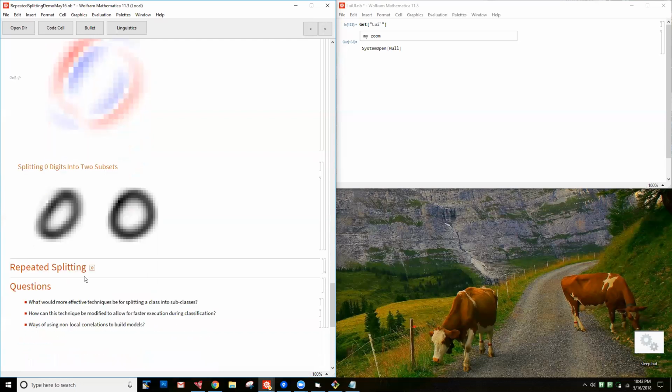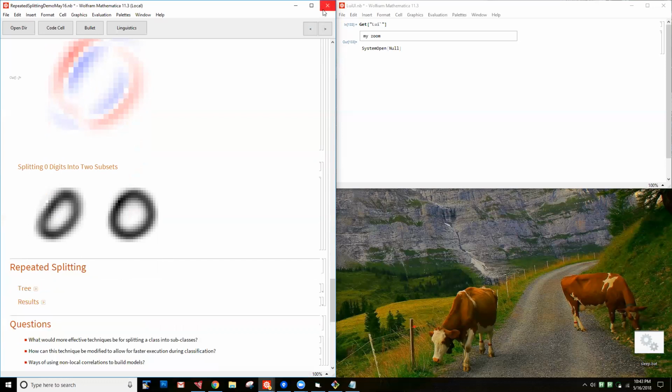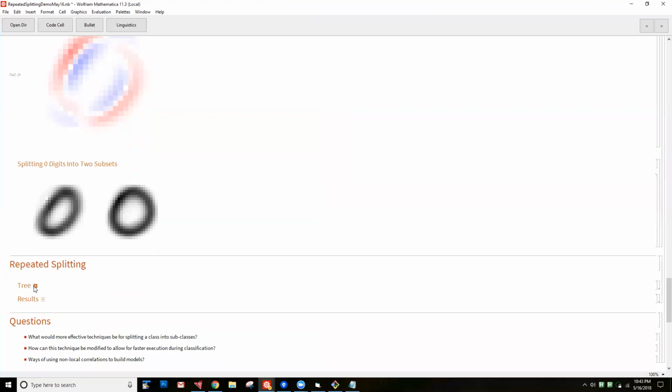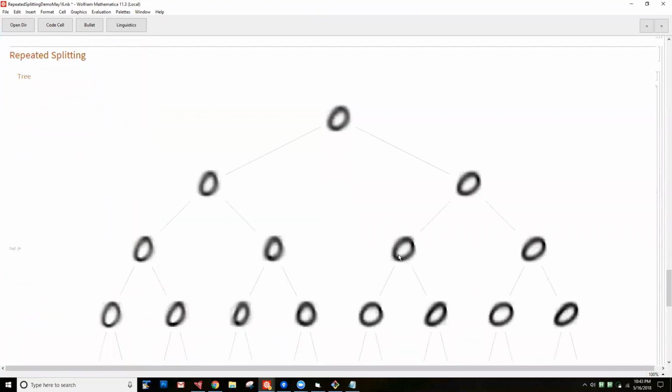From there, my curiosity was, well, what if you did this repeatedly? What if you took this style of 0 and then you split it again by choosing one of the pixels that's roughly 50% likelihood to be white or black, and split it into another 2 subclasses, and likewise did it here? You could then form a kind of tree of subclasses. So I did that.